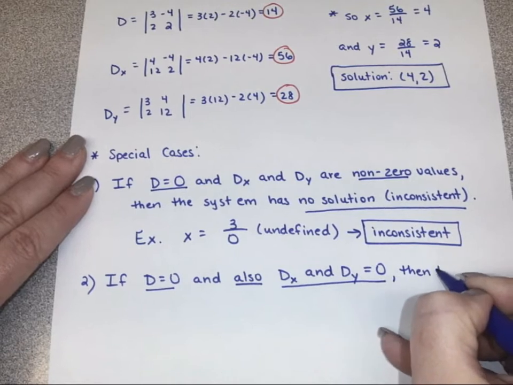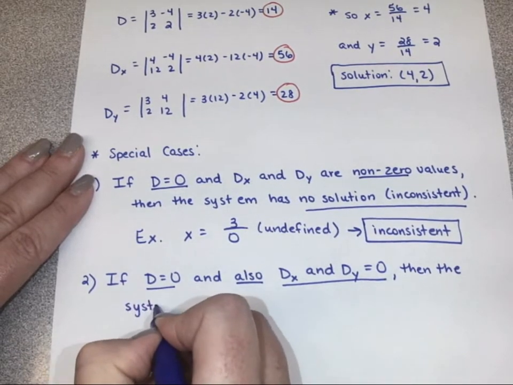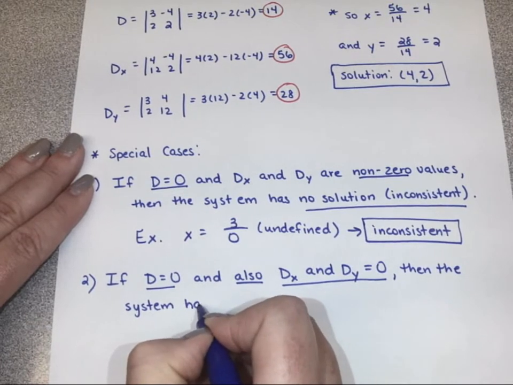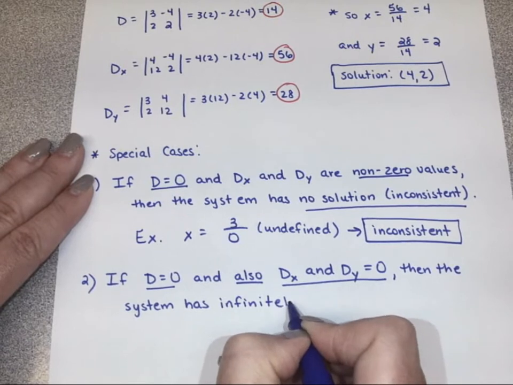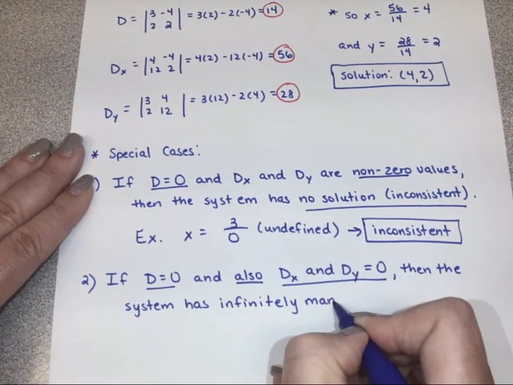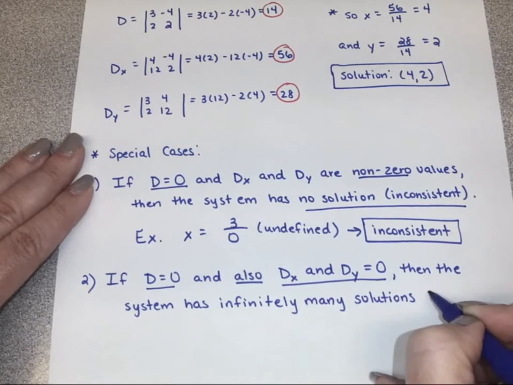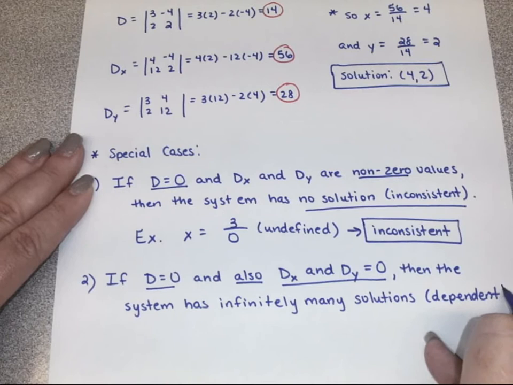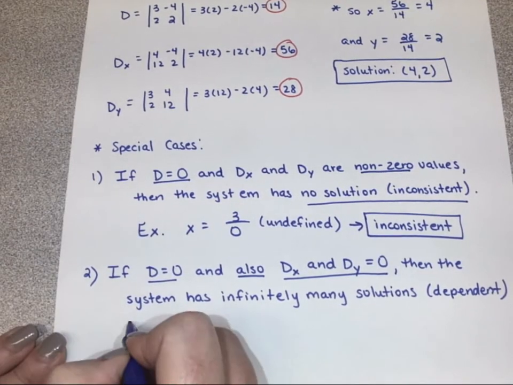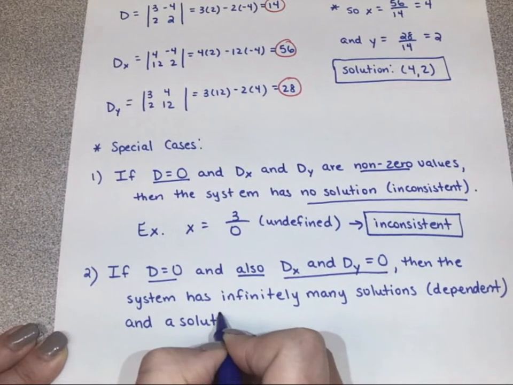Then the system has infinitely many solutions. Remember, the term for that is dependent. And a solution would be any point on the line.